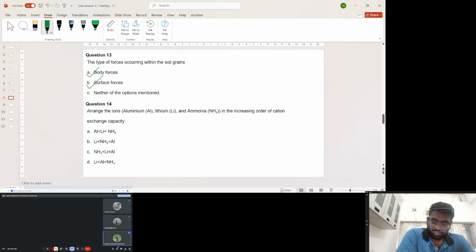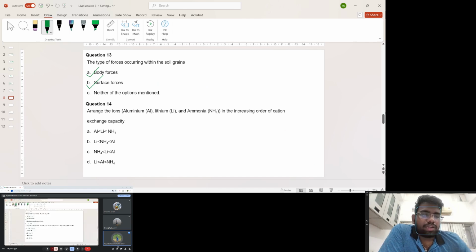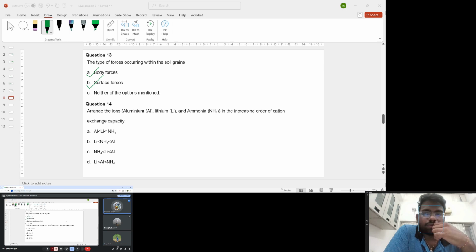So the question here is which forces occur predominantly in which type of soils, right? So soils are broadly divided into two based on the size. What are they? Coarse grained and fine grained soils. Coarse grained is sand and gravels, more than 75 microns. Less than 75 microns is fine grained soils.